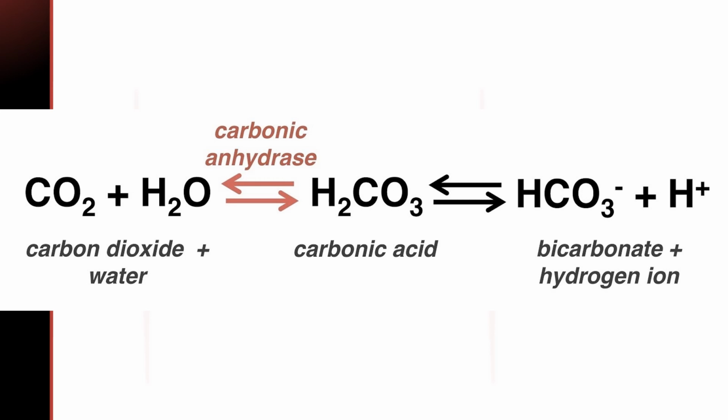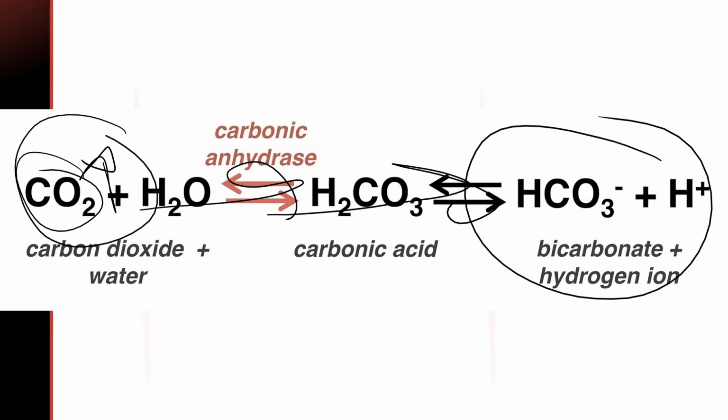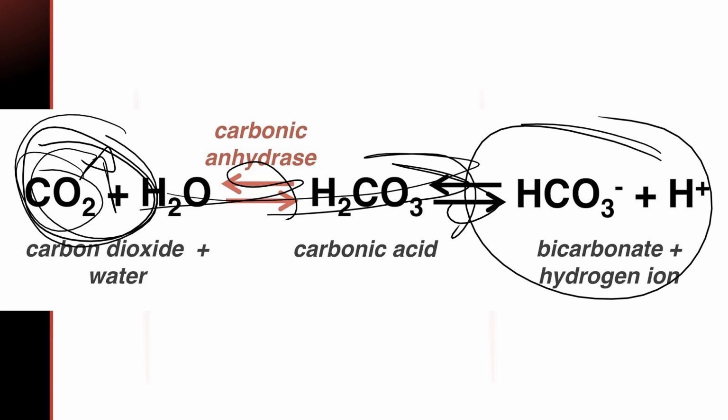The point is, due to the law of mass action, if you increase the amount of CO2, it's going to push this equation to the right. Okay, as more CO2 comes into the blood plasma and then into the red blood cells, you're increasing the amount of CO2 within the red blood cells, and it pushes this equation to the right, right? That CO2 will get converted ultimately into carbonic acid and then bicarbonate and a hydrogen ion.